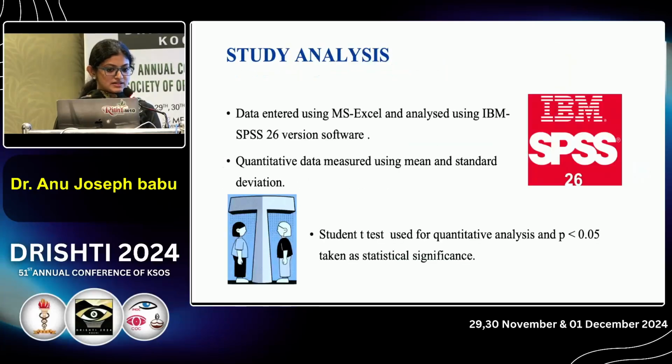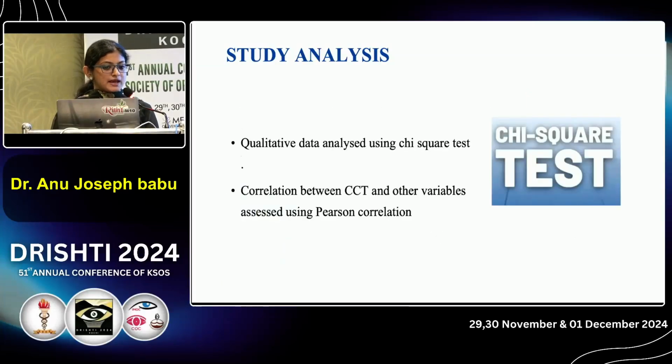Data were entered using MS Excel and analyzed using IBM SPSS version 26. Quantitative data were measured using mean and standard deviation, and the student t-test was used for quantitative analysis, and a p-value of less than 0.05 was taken as statistical significance. Qualitative data were analyzed using the chi-square test and correlation between CCT and other variables was assessed using Pearson correlation.